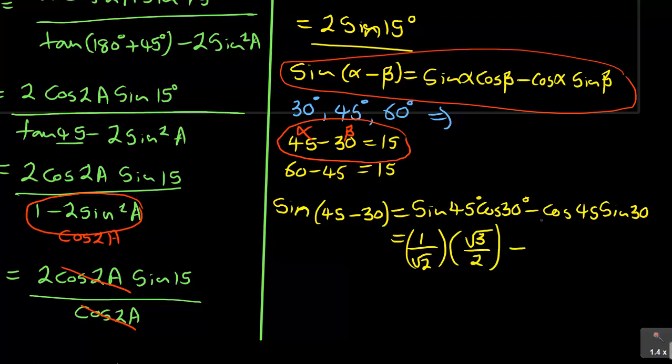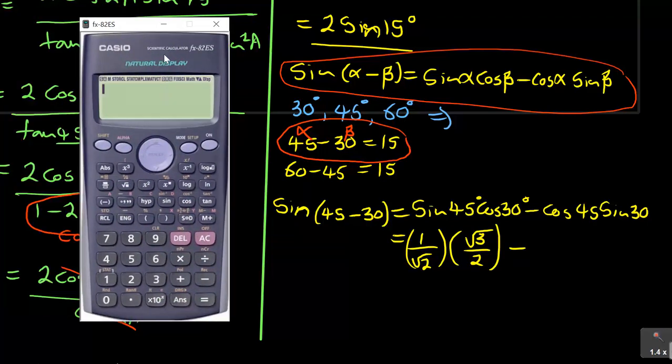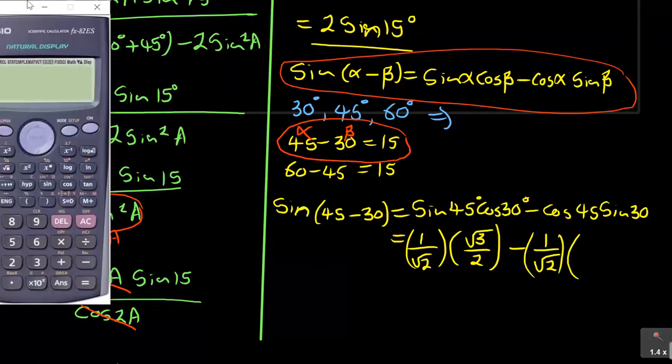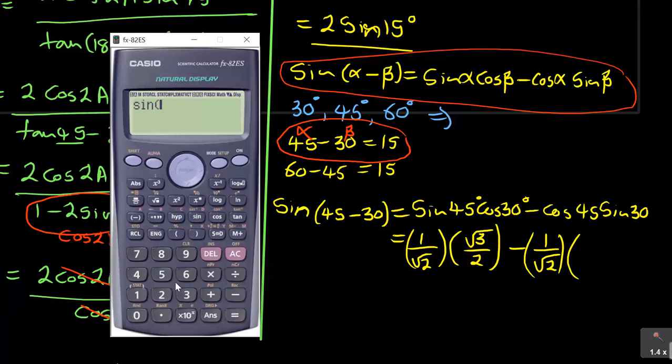Alright, minus, again, cos 45 is similar to sine 45. So cos 45 is root 2 over 2, but we're going to write 1 over root 2 multiplying sine 30. Sine 30 is equal to 1 over 2.